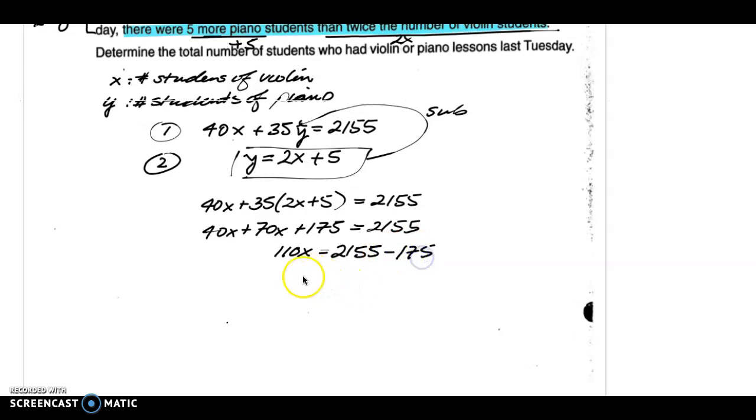This is then going to be, I subtract those two, it's going to be 1980 divided by 110. X, therefore, is going to be equal to 18. Oh, sorry, 110. Sorry, it's 110. So that's going to be 18. So there's 18 violin students, right?